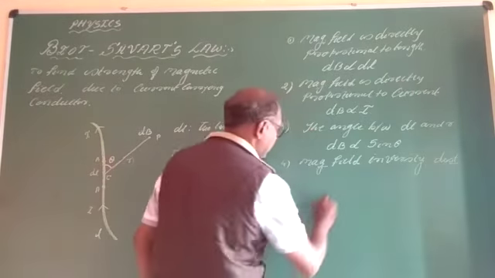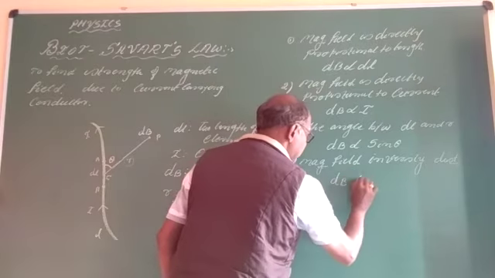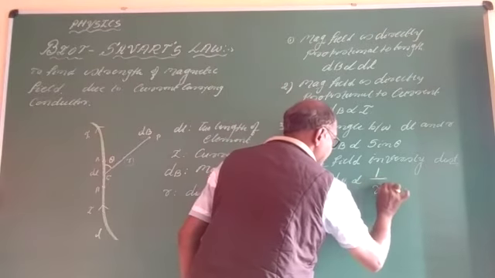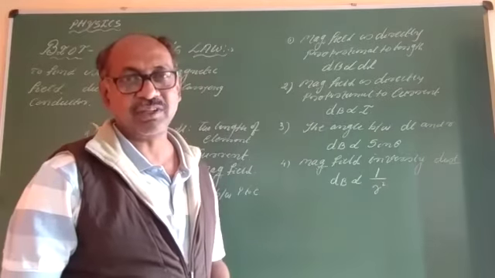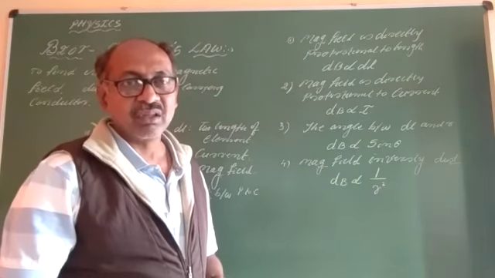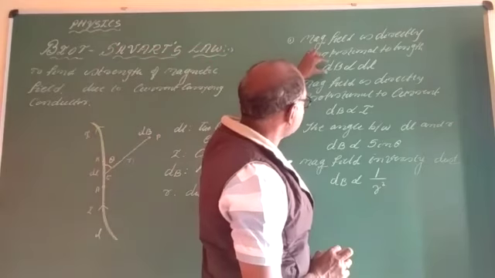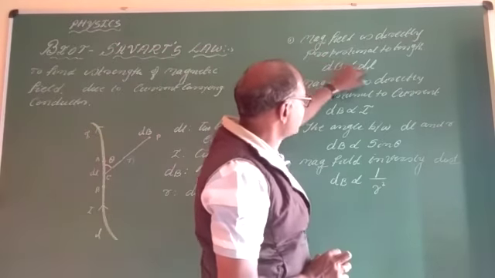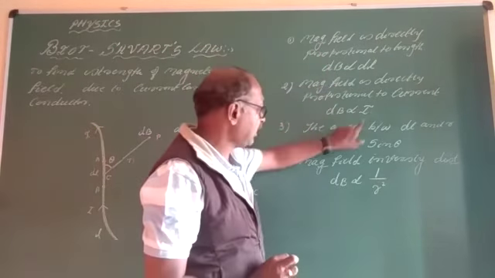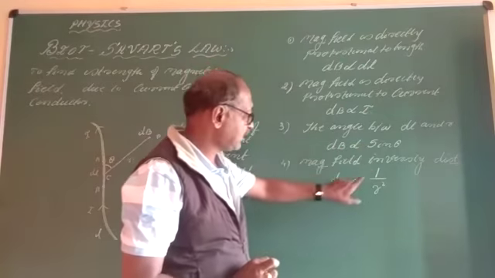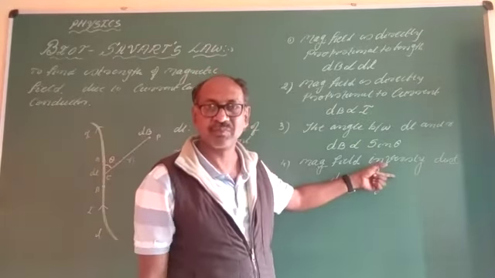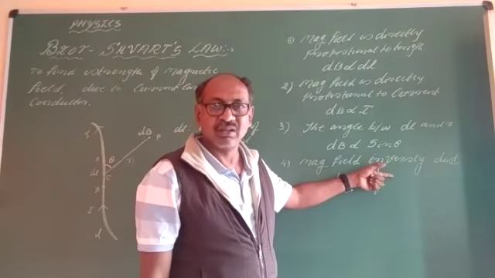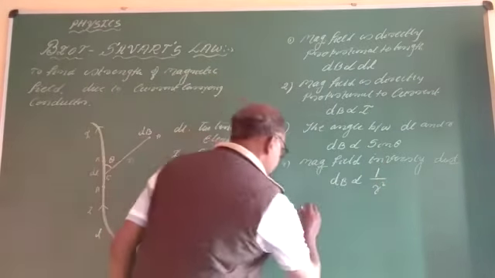So I can say dB is inversely proportional to the square of the distance between them. Therefore, combine all these things. dB is proportional to dl, dB is proportional to I, dB is proportional to sine theta, and dB is inversely proportional to the square of the distance between them.